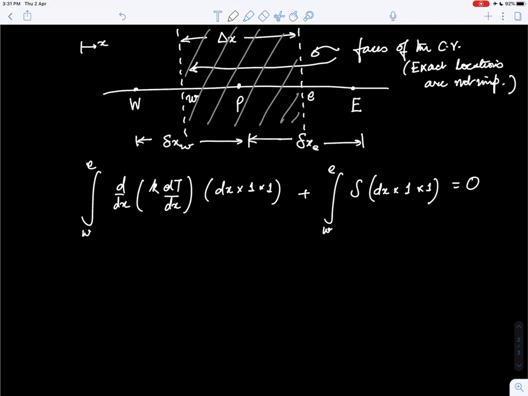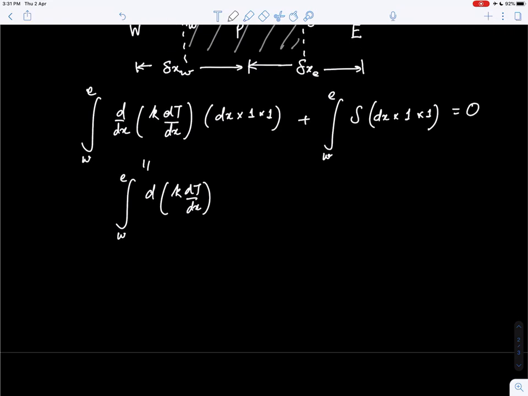Now the first integral is fairly simple. It's d by dx of k dT/dx into dx, which essentially becomes d of k dT/dx between west and east, right?